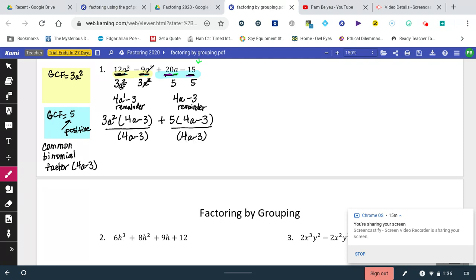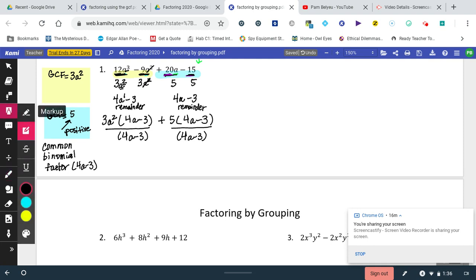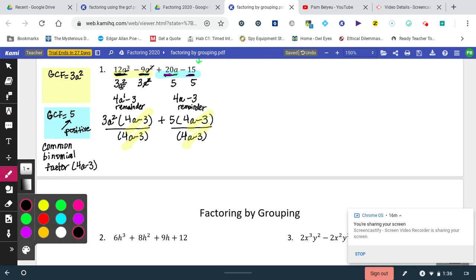That leaves me with, because these are going to cancel, this cancels, this cancels, I end up with a remainder of 3a squared plus 5.